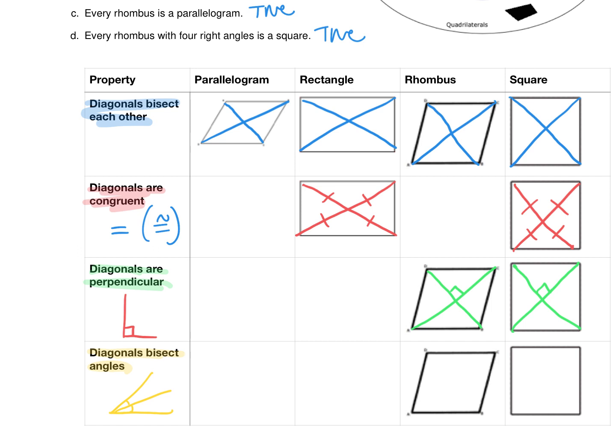If I draw that here, a rhombus has diagonals that bisect angles, which means that this angle is equal to this angle, and this angle is equal to this angle, and this angle is equal to this angle, right? It's cutting the angles in half, or into two equal parts. And same with a square. A square has diagonals that bisect the angles. If I draw the angles in, again, this one's equal to this one's equal to this one. It cuts the angles in half.